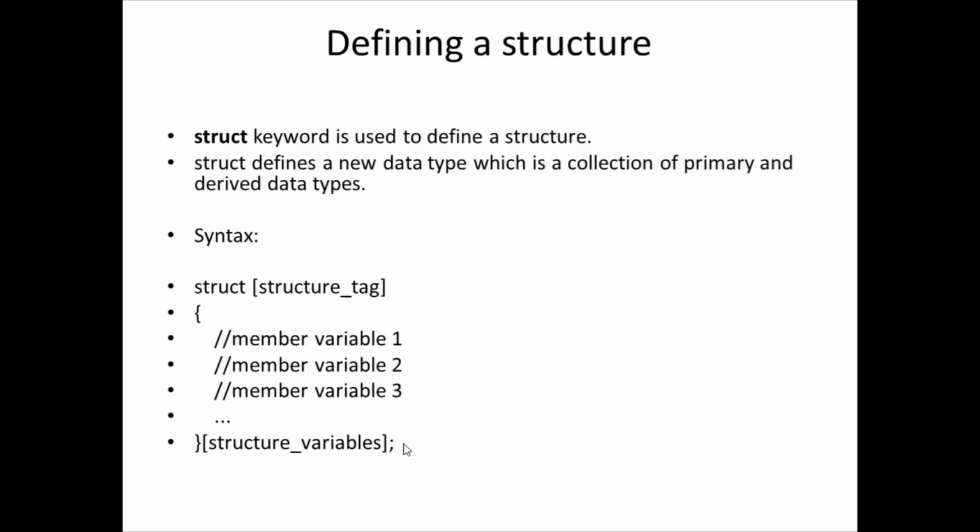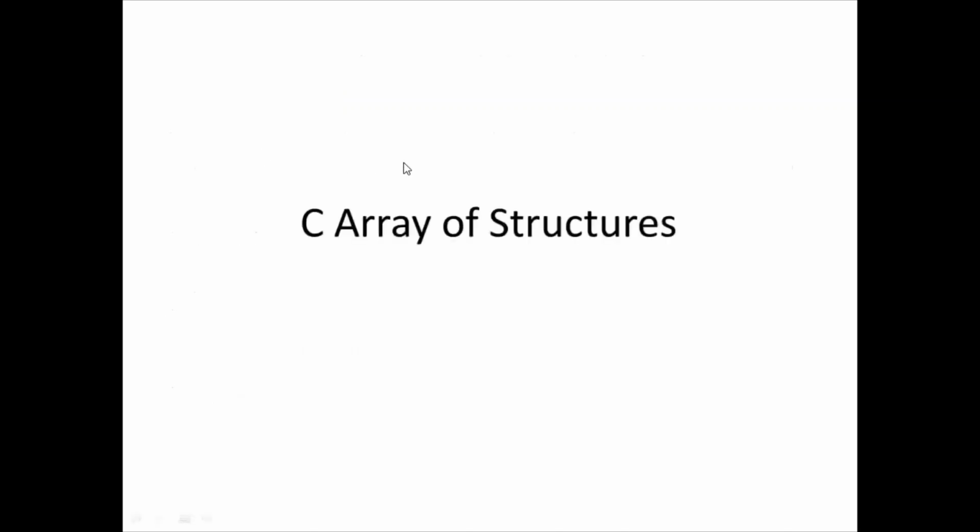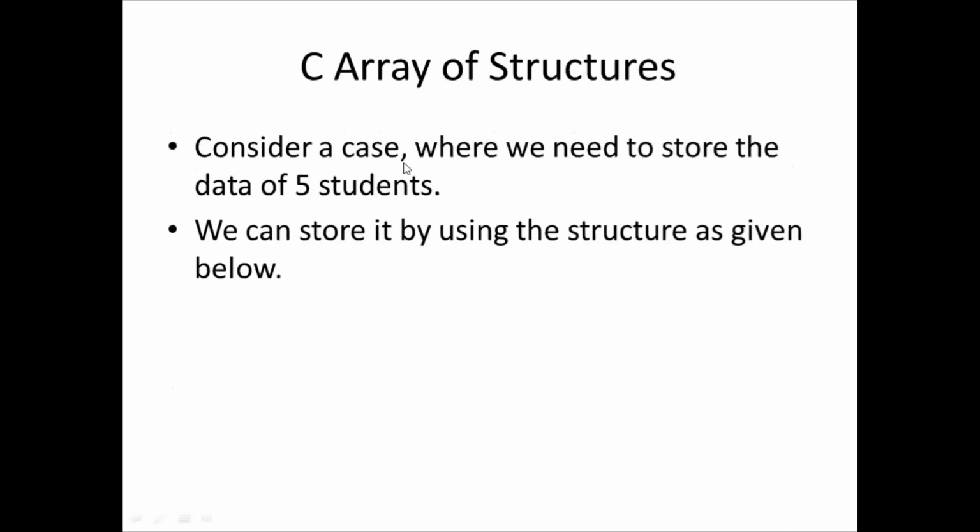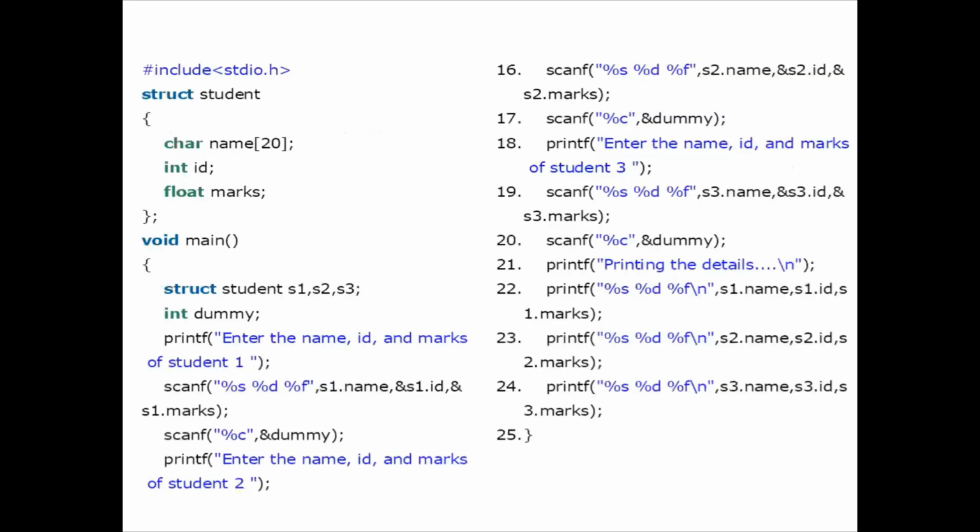Now we are going to see the array of structures. Why are we going to study the array of structures? For example, if we want to store the data of 5 students, we can store it by using the structure as given below.